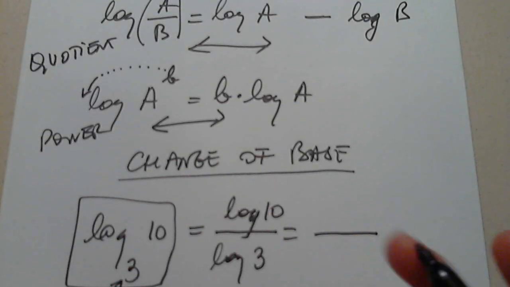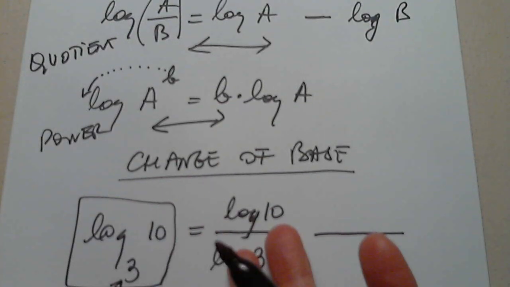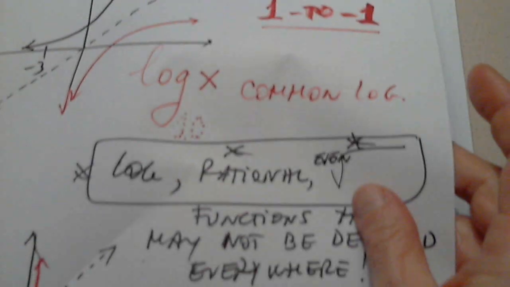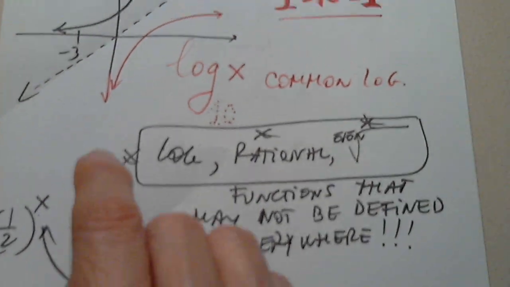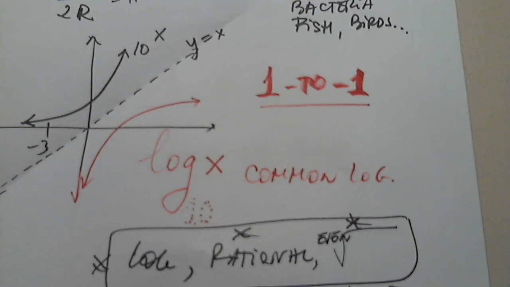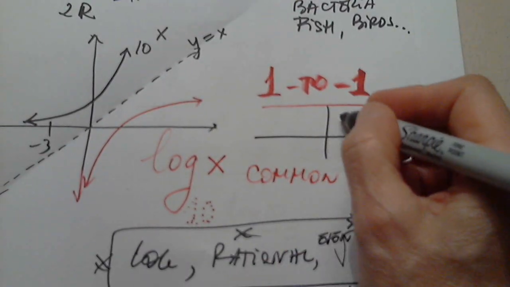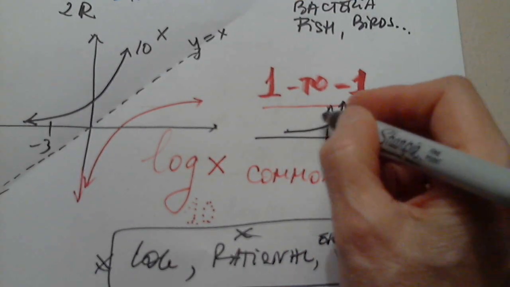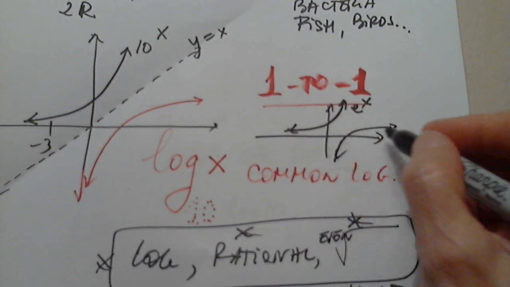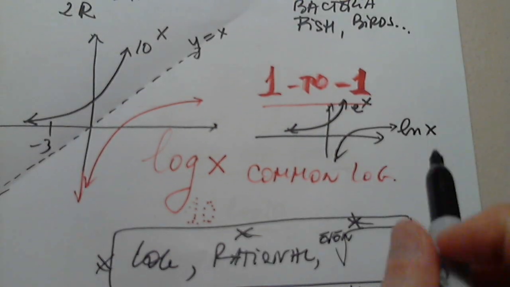I can apply natural log because natural log is also, I didn't say that. So if this function is e to the x, then this function is ln x.